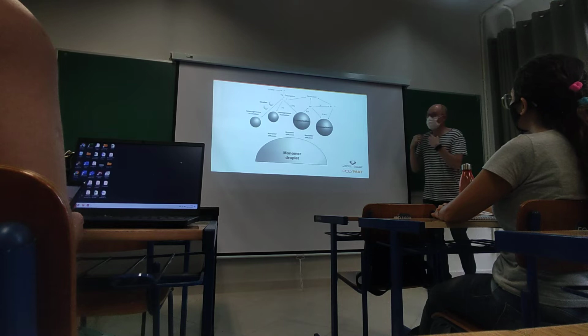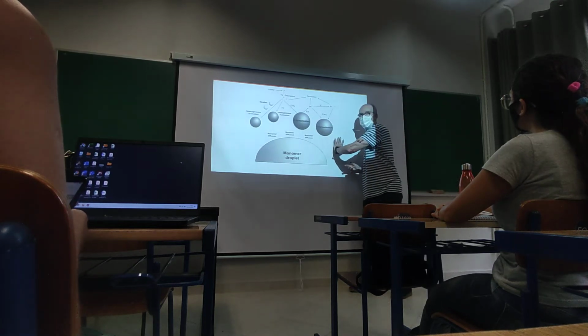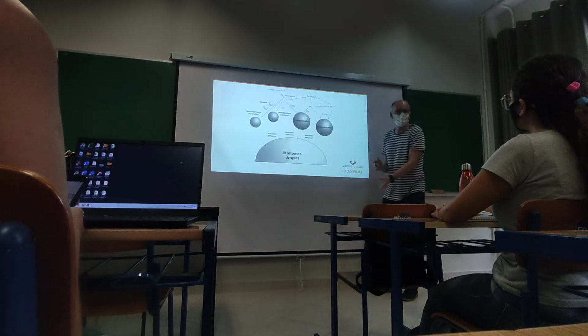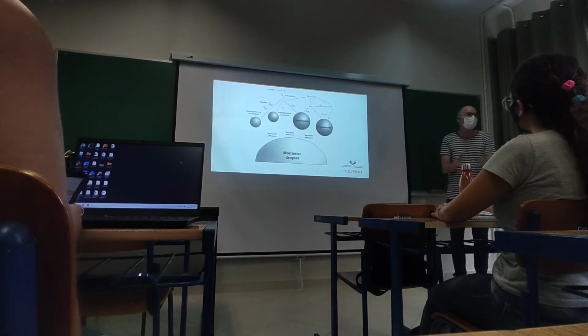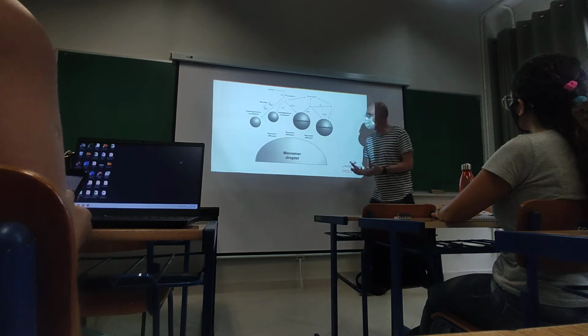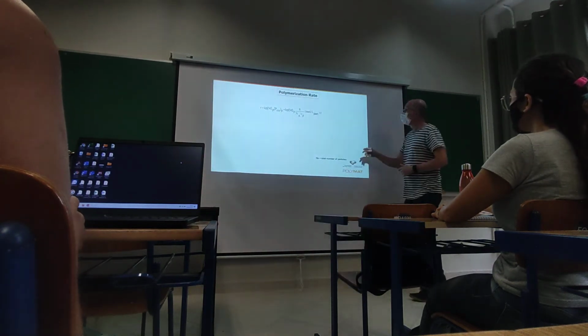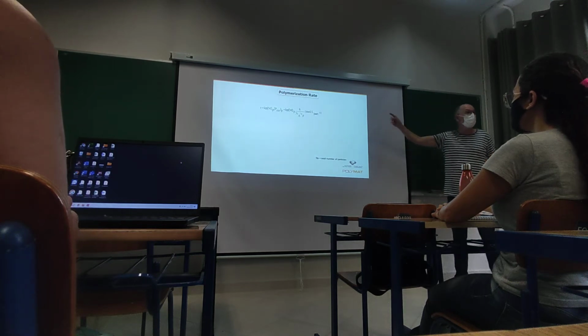Okay? So, and we want to calculate at which rate the monomer is consuming the polymer particles. So this will give us the kinetics, how fast the monomer is consumed. So to do so, we have to calculate the polymerization rate.